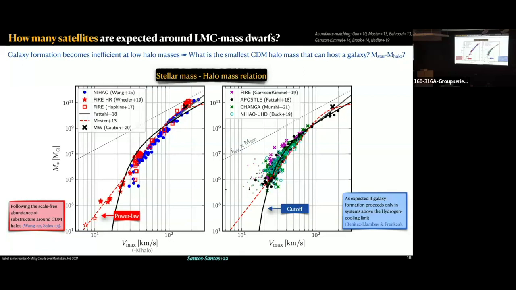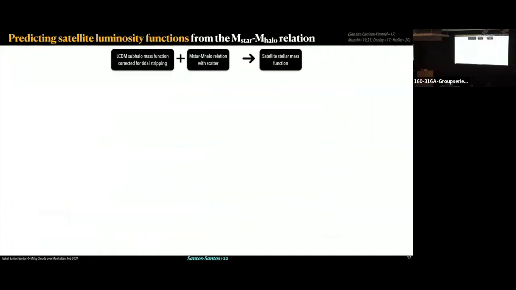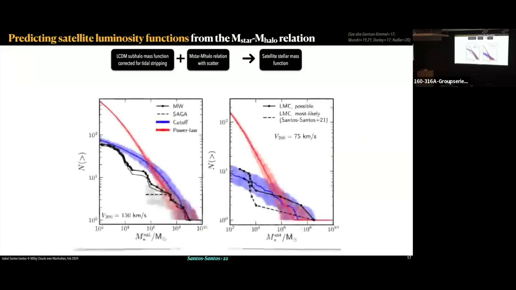So it's expected that these two relations will give you a very different number of satellites around primaries. We explored this with a very simple analytical model where we just sampled the steep CDM subhalo mass function to get subhalo masses, and then we populated these with stellar masses according to the stellar mass halo mass relation. This gave us satellite stellar mass functions. Here are some results of our model applied to Milky Way primaries and to LMC primaries.